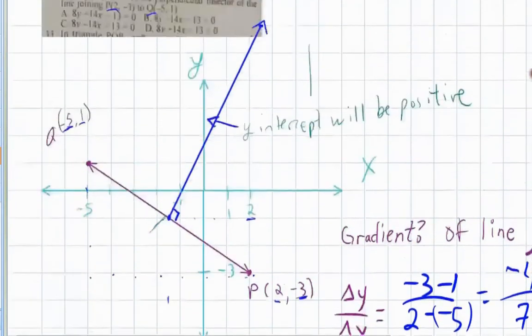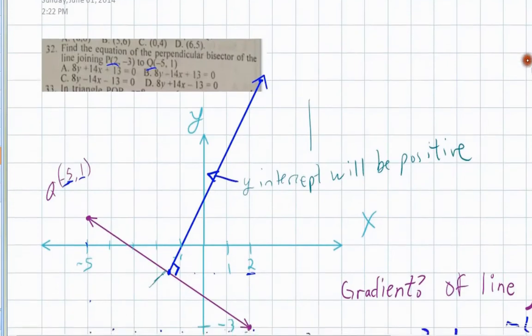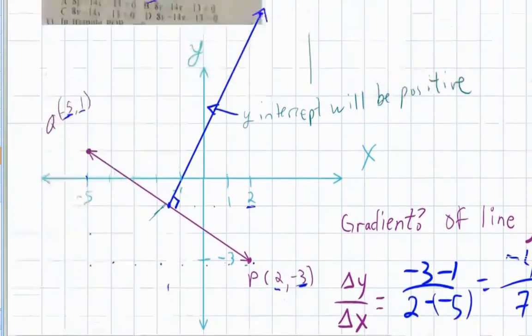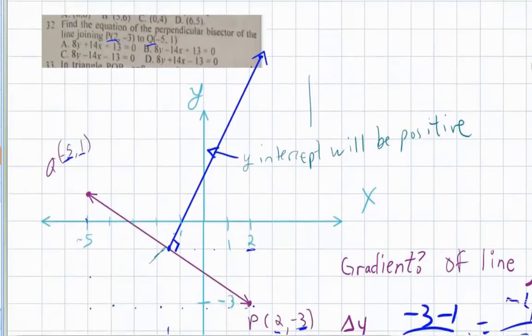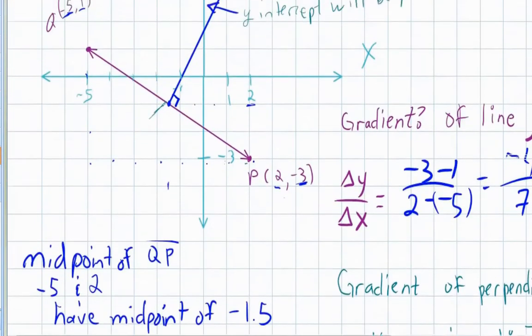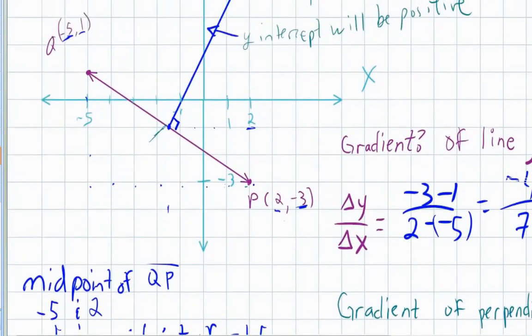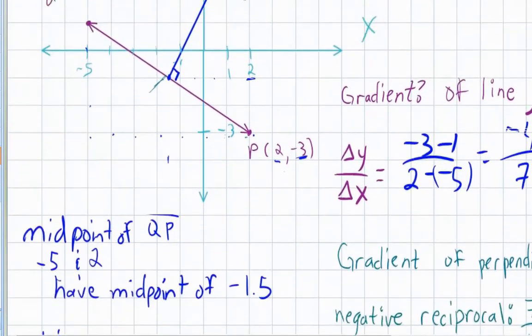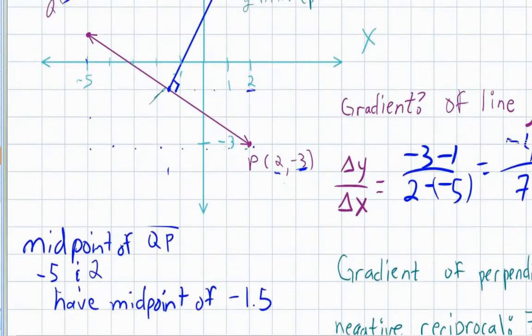Now, they want us to find the equation of the perpendicular bisector line, right? I could have drawn another line out here that would have been perpendicular to this line, but it wouldn't be the bisector because it wouldn't be exactly at the middle. So to find the bisector of the line joining Q and P, we are essentially taking the average of our different positions. Here's -5, and here is +2 in the x direction.